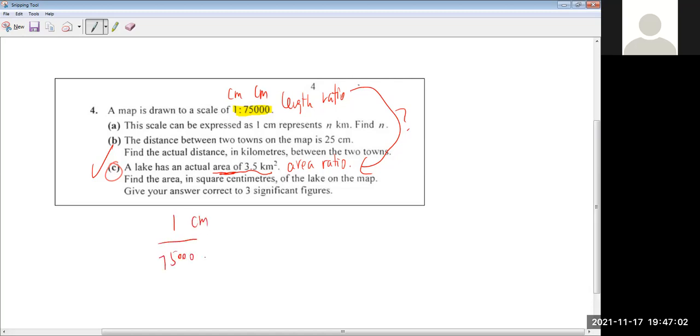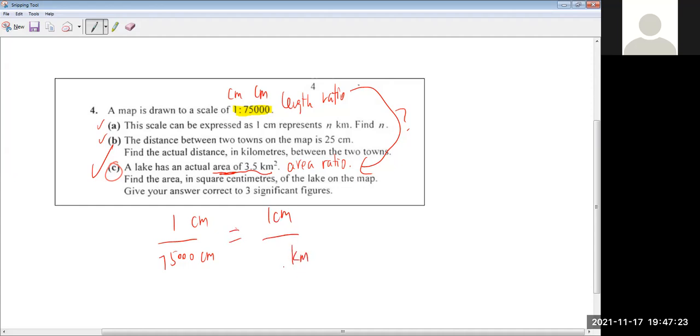So this is cm, and then this is cm. I need to look at this because actually they are linked. Part A is linked with part B, which is also linked with part C. So in fact, I want to change this to 1 cm to km.